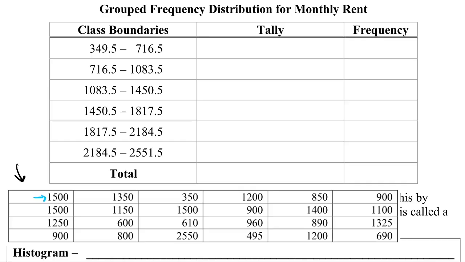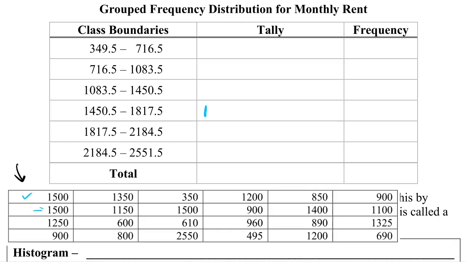I see 1500. 1500 is between 1450 and 1817. Right, 1500 is between these two numbers. So I'm going to put a tally here.